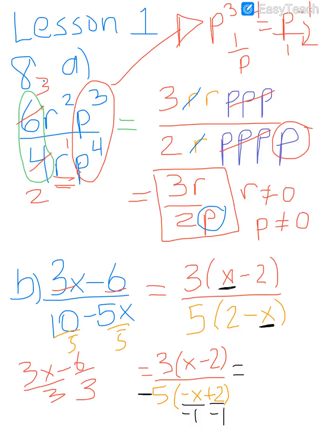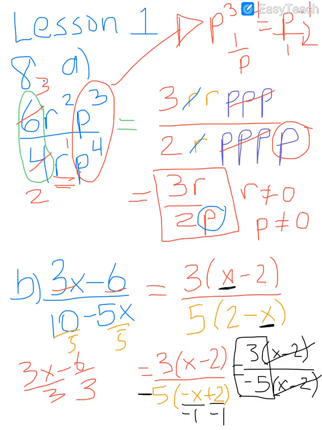And what I would be left with is 3 times x minus 2 all over negative 5. When I factor out that negative 1, I am left with x minus 2. Now those two brackets cancel, and my answer is simply going to be negative 3 divided by 5.